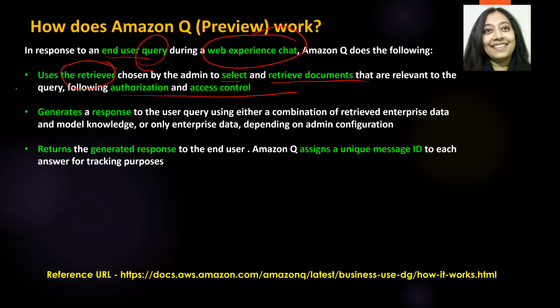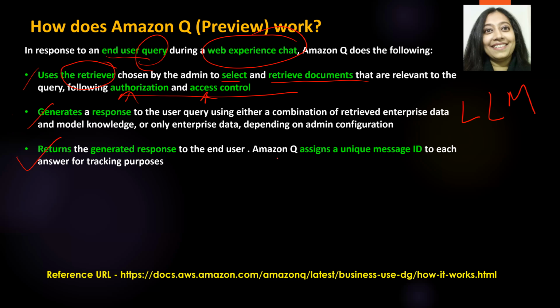Once the retriever has done its magic, the generational component comes into the picture and generates the response to the query, with the required data already obtained from your retriever. Remember, the generational component behind the scenes uses an LLM, and it generates a tailored response for your question. Once that response is generated, it is returned to the user.